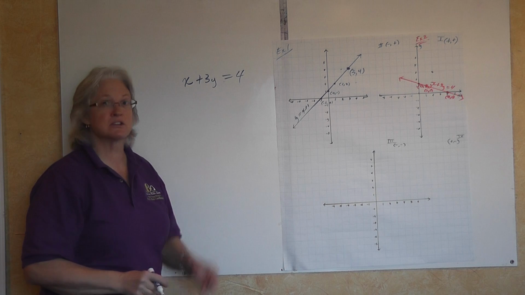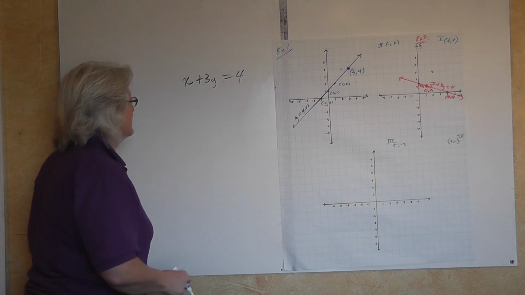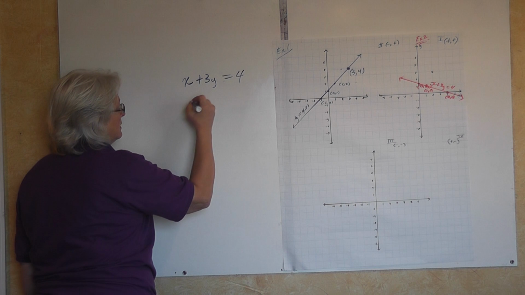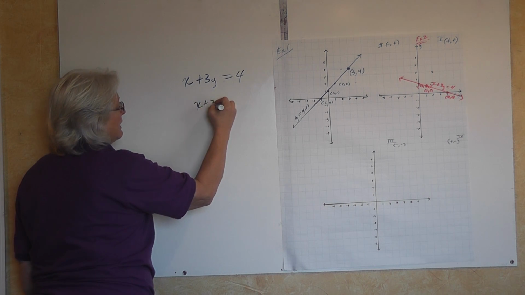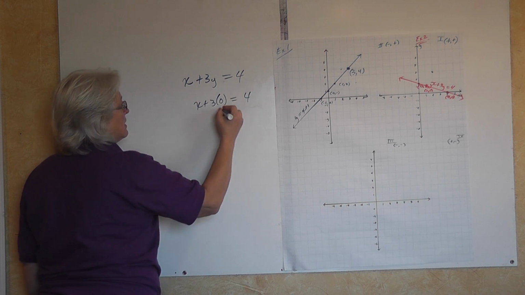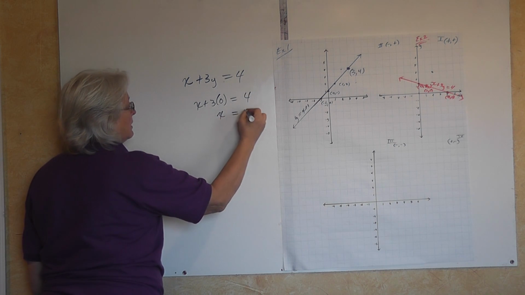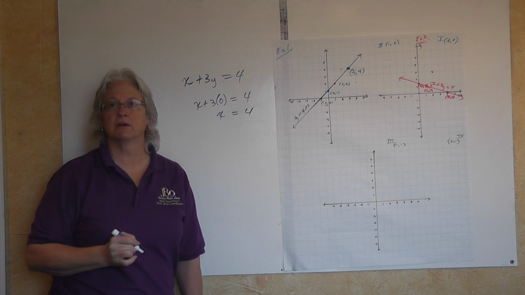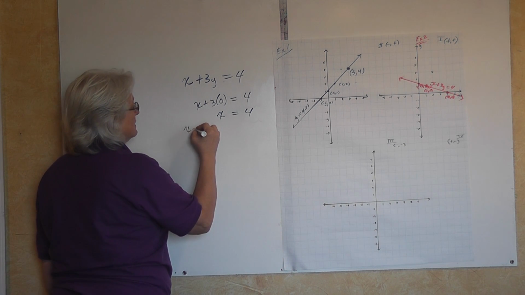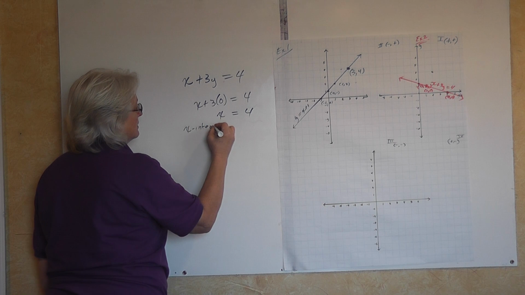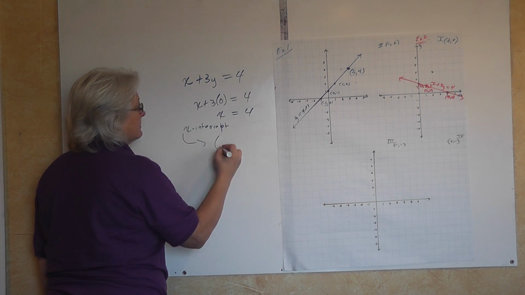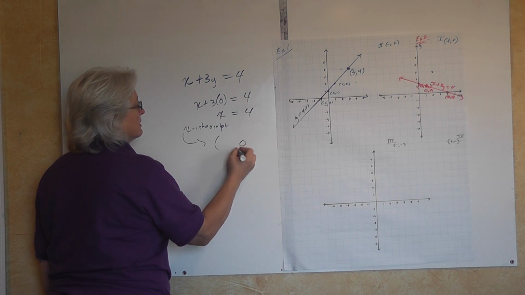How are we going to find the x-intercept? How are we going to find the y-intercept? Well, if we have the x-intercept that we want to find, the y value has to be 0. So you substitute in a value of 0 for y, and you have x is equal to 4. So for the x-intercept, the y value is 0.